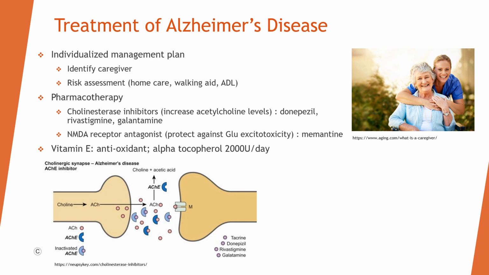Pharmacotherapy may include cholinesterase inhibitors that increase acetylcholine levels, and also looking into NMDA receptor antagonist, which protects against glutamate excitotoxicity. Lastly, vitamin E, which is an antioxidant, 2,000 units a day, may prevent further damage to the brain.